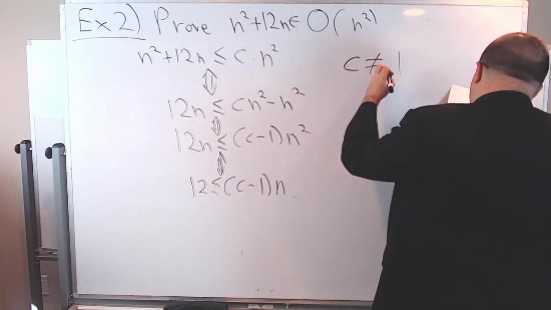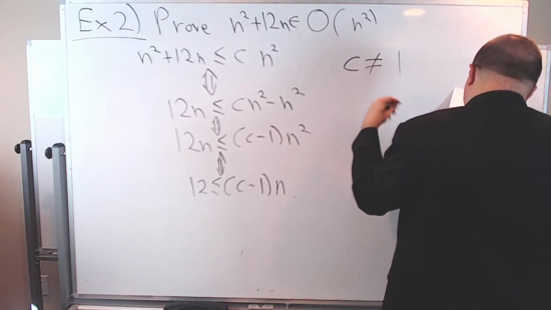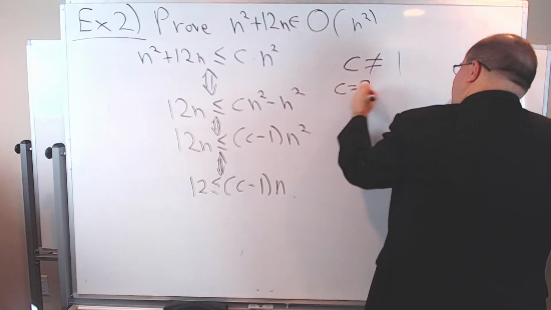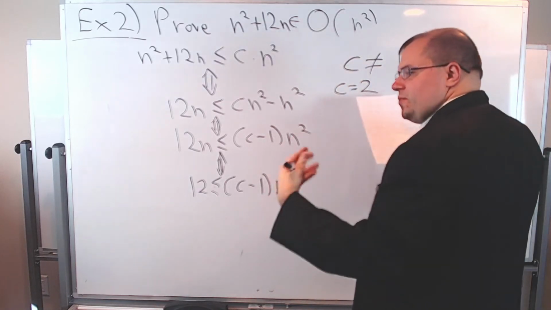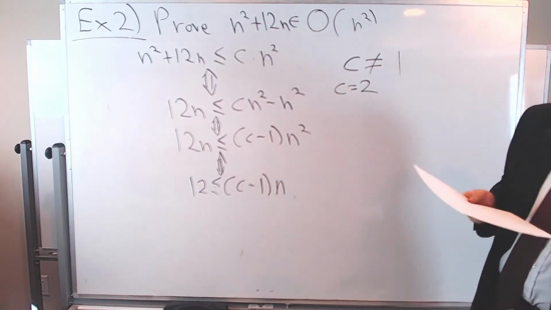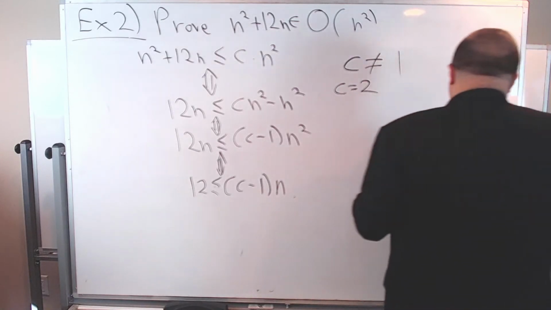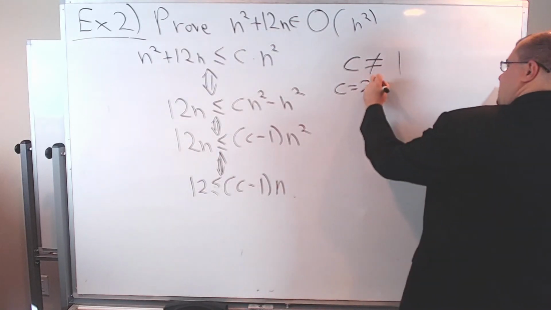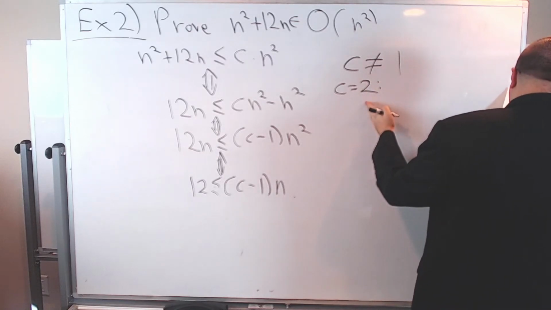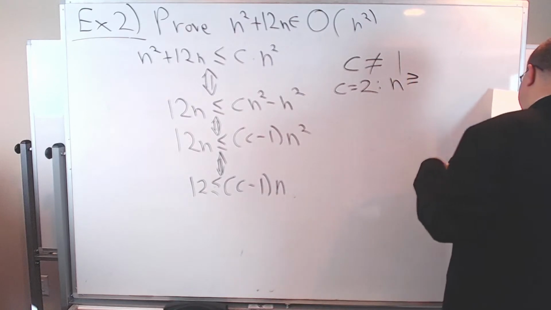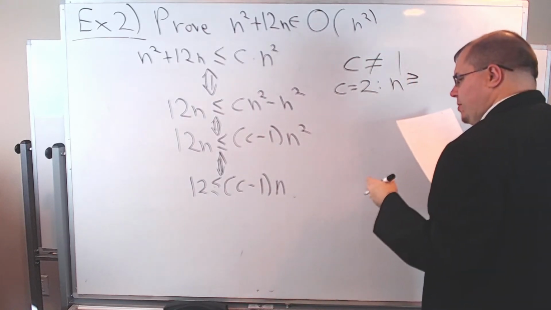But what can we do here? Well, let's think about c is equal to 2. Now remember, c is a positive real constant. It doesn't have to be just like the numbers I'm picking. I'm just giving you a general pattern. So if I pick c is equal to 2, you'll notice that I can do a little bit more rearranging.